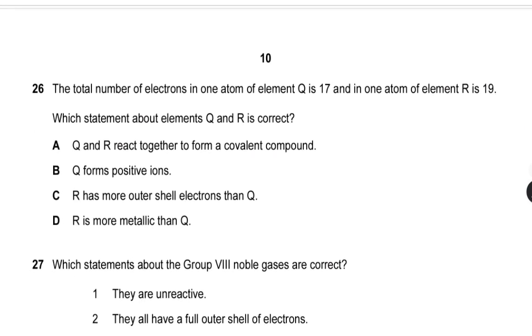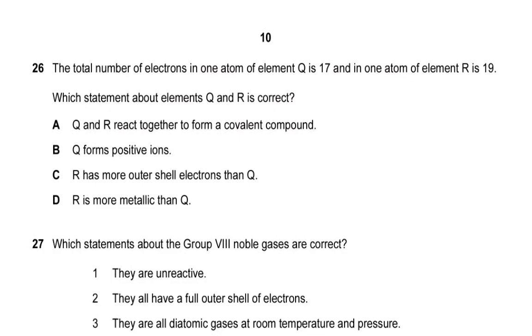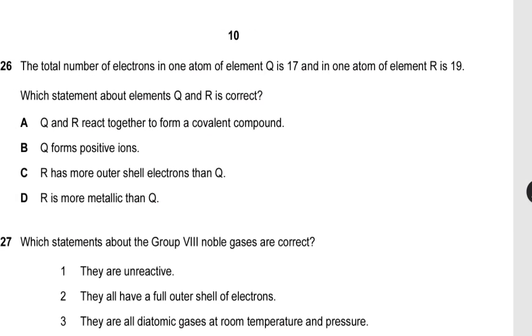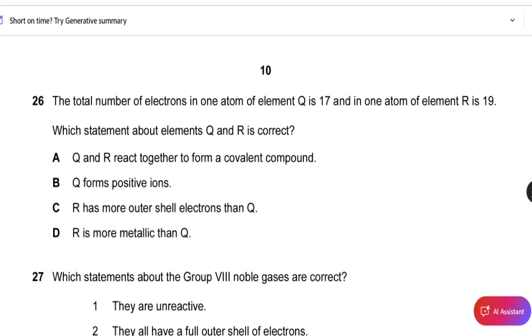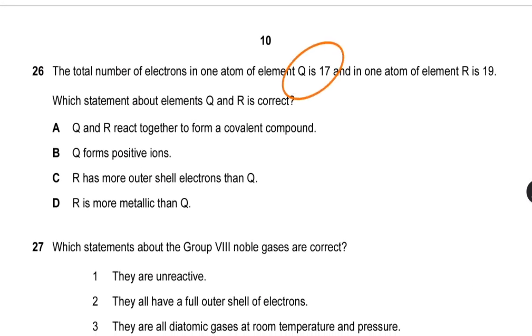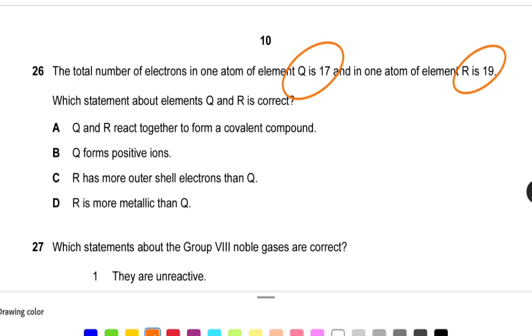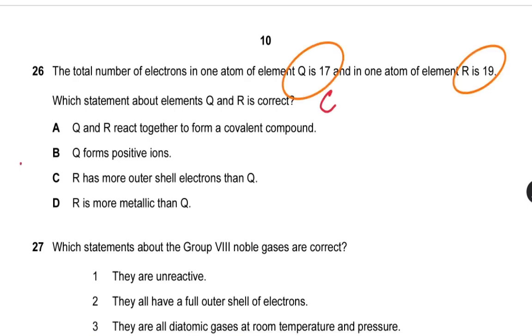The total number of electrons in one atom of element Q is 17. And in one atom of element R is 19. Now if we see which elements are there, for 17 electrons we have the chlorine atom, and for 19 we have potassium.